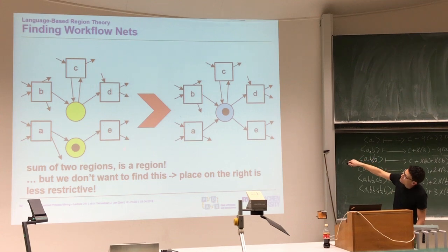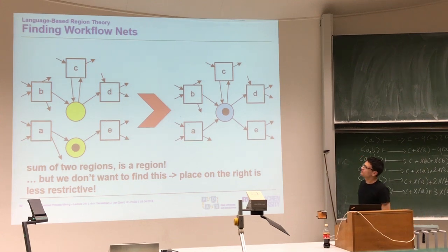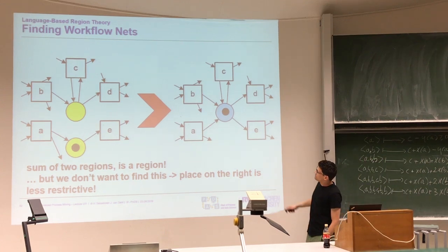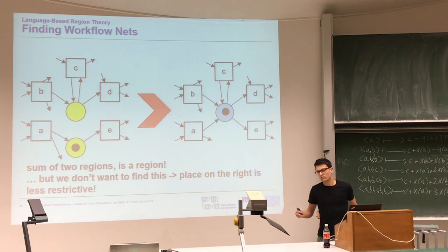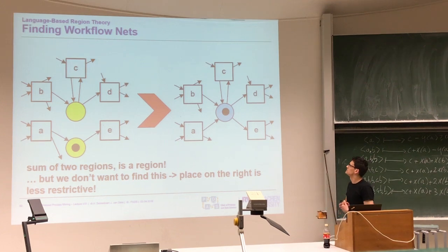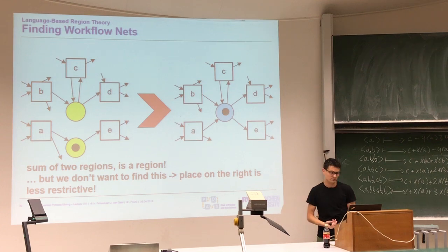However, at the same time, we want to actually find the opposite. We can combine these two regions, which essentially has a token and an outgoing arc. Now it also has an additional incoming arc. But we don't want to find this type of place. What we actually want is a place that is as expressive as possible, that is as restrictive as possible.